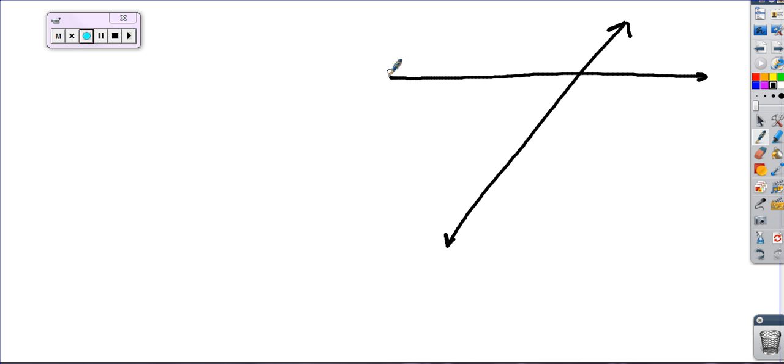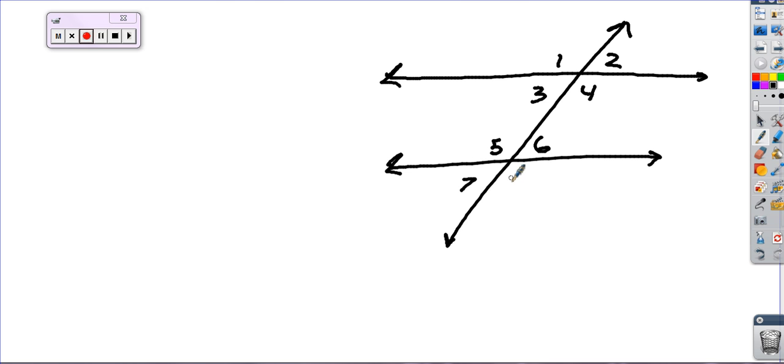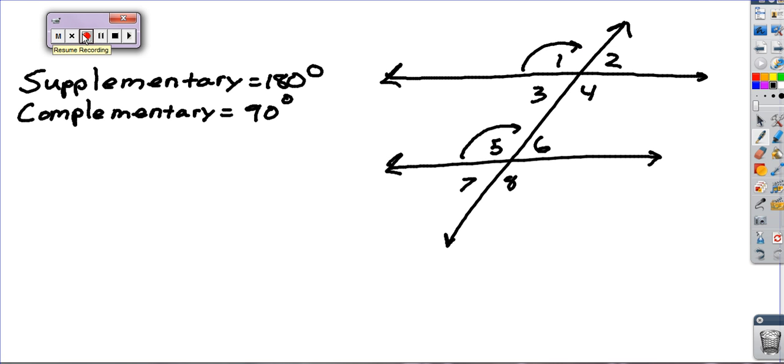Draw this shape, please. A couple things here. What I drew was a set of parallel lines divided up by a line going through it at an angle.